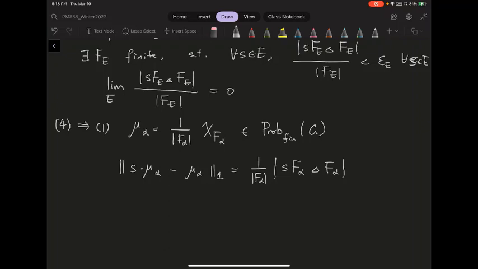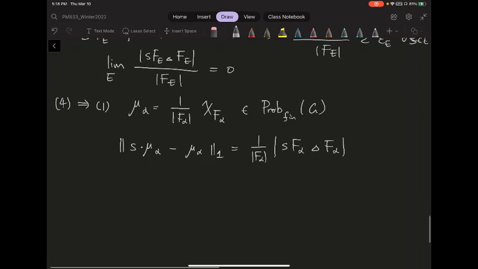So now you just consider all of these mu alpha that are inside the probability measures of G, which is weak star dense in M of G. M of G is weak star compact, so we can pick a weak star cluster point of these mu alpha.